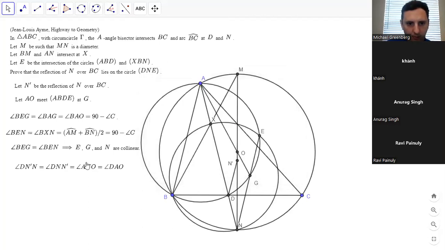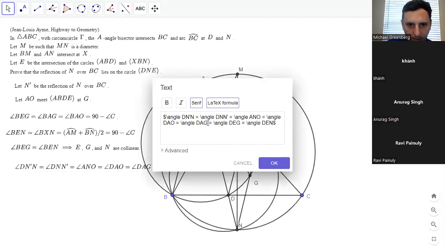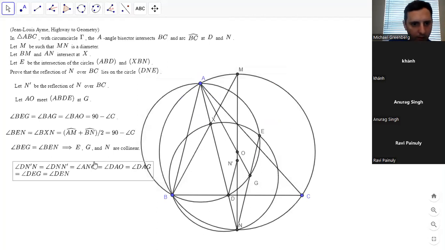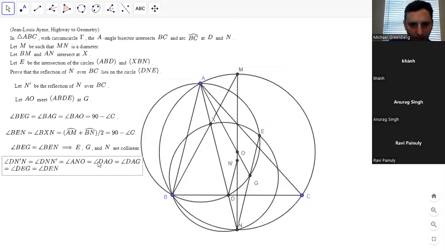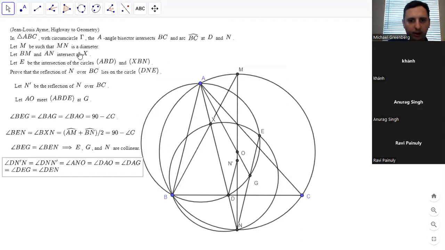So we have that whole thing. All right, I'm going to split it up into two lines. And that means that D, N prime, N, E is cyclic, which solves the problem.